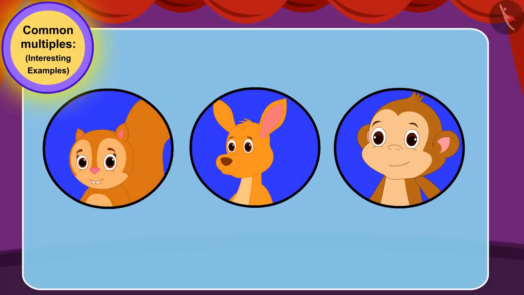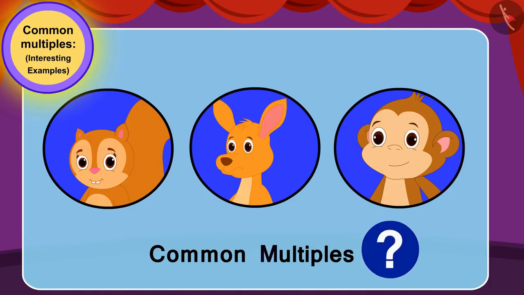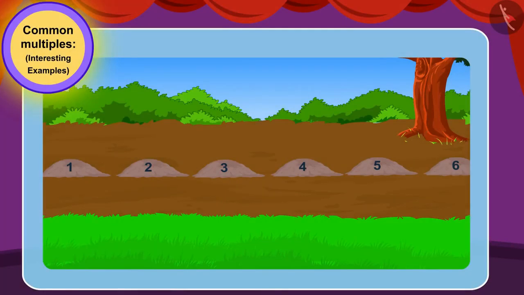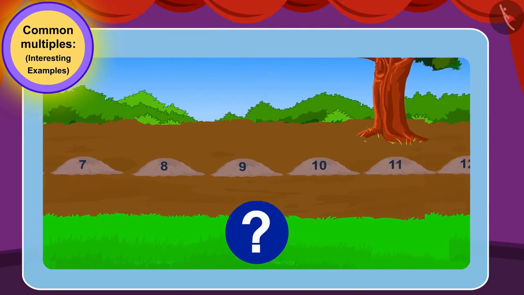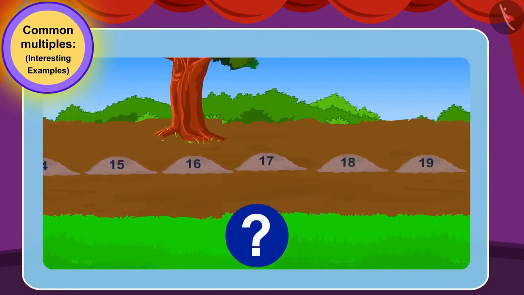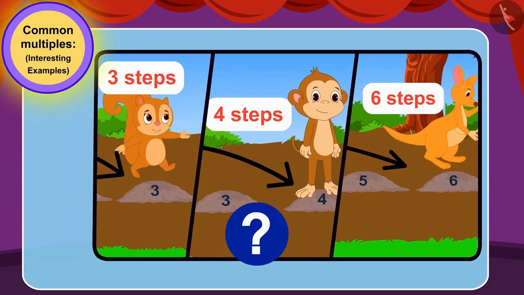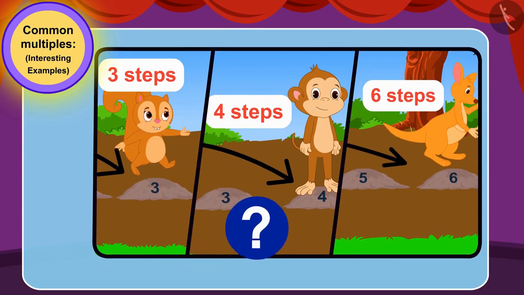Children, can you use common multiples to find out if all three will be able to cross the marsh? Let's see how we can find this. We have to first find out which stones the three friends will jump on.